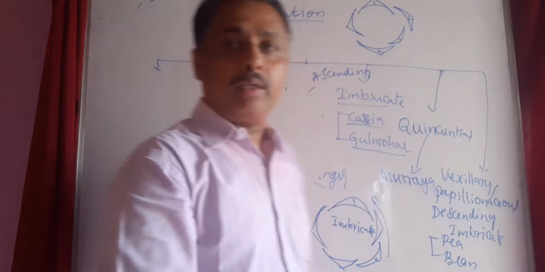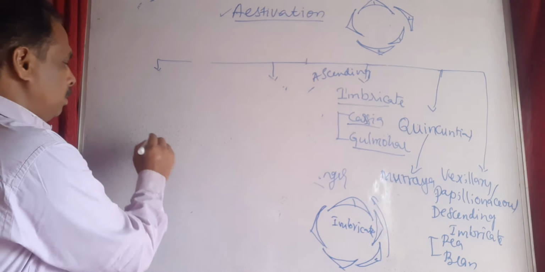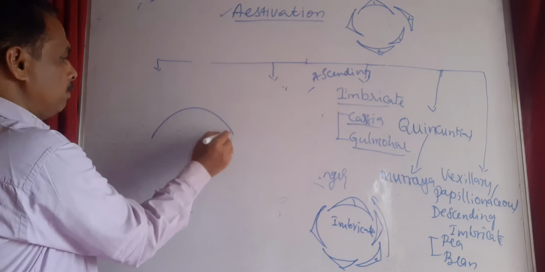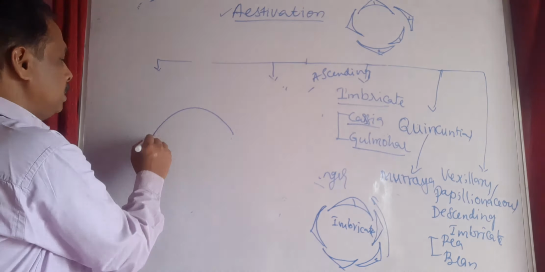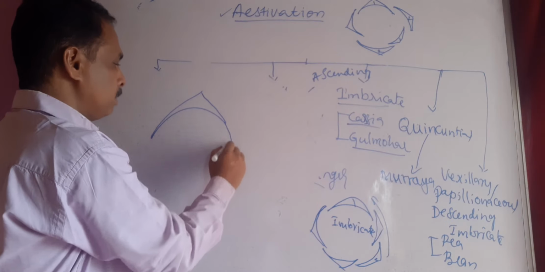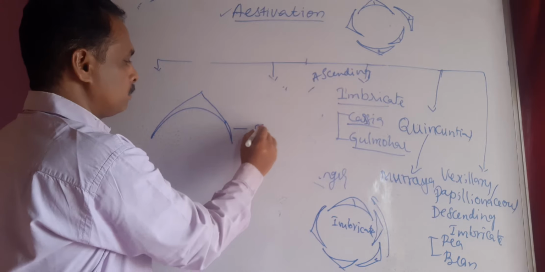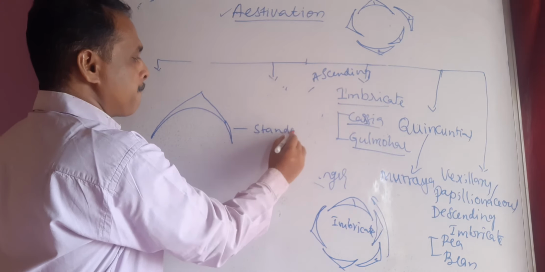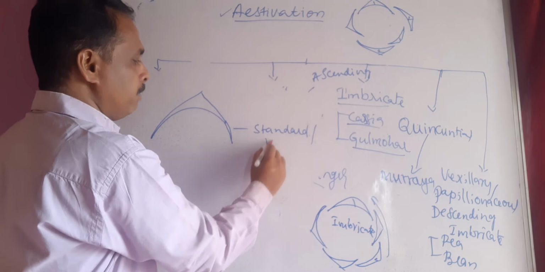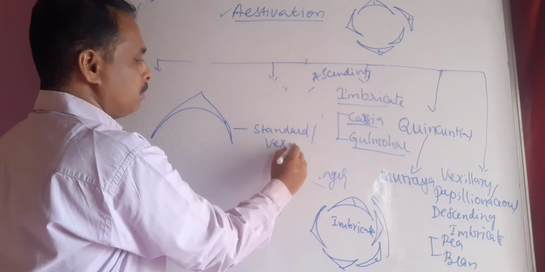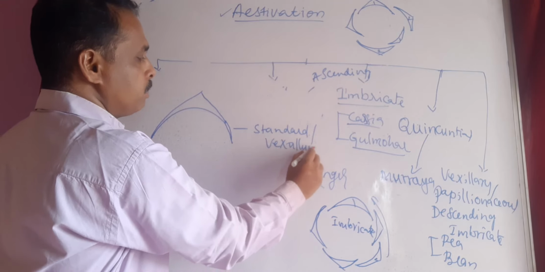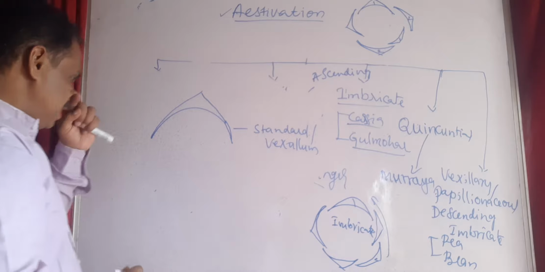For each member, particular names are given. Towards the posterior side, there is a large petal called the standard petal, or vexillum. That's why it is known as vexillary aestivation.